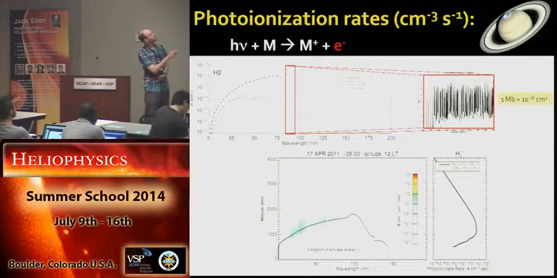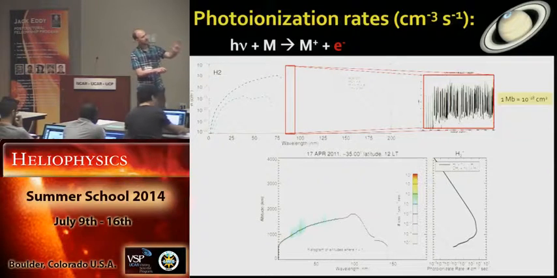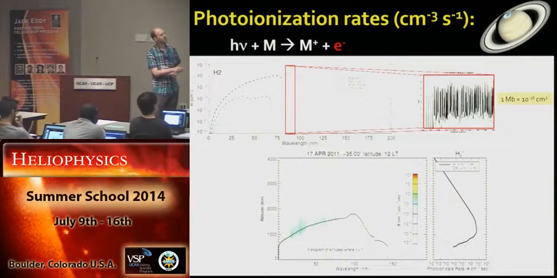Here's one of the ionization cross sections, which cuts off at the ionization threshold, of course. And then down here, I show versus altitude and wavelength, the resulting photoionization rate versus wavelength, and then summed across all wavelengths over here. So this is the total ionization rate of H2+ for these conditions.